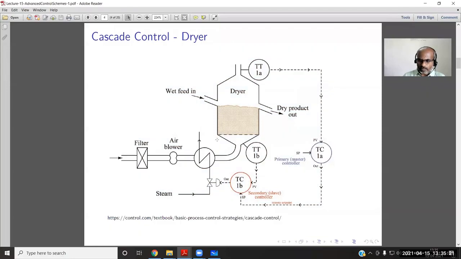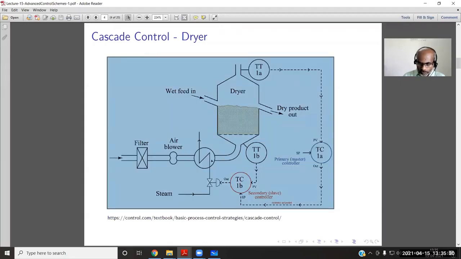This only measures the air temperature within the conical shape at the bottom, and according to it we increase or decrease the steam opening. So the inner loop should be a faster loop.